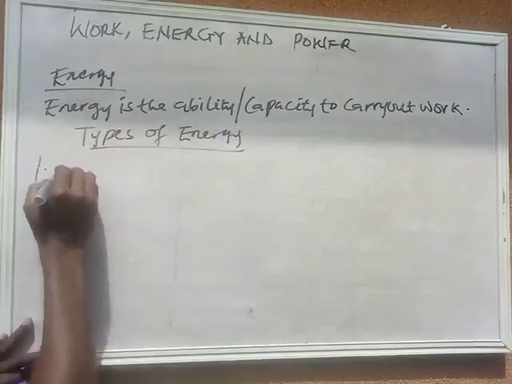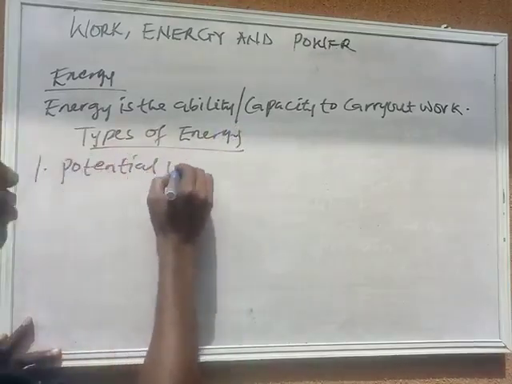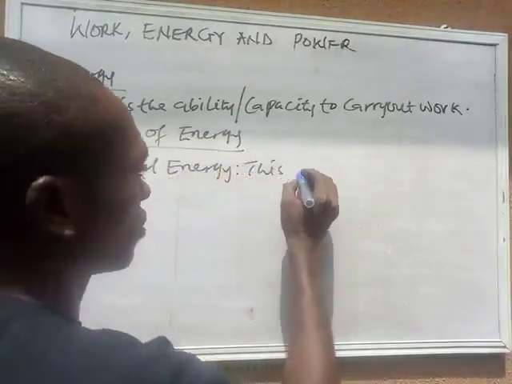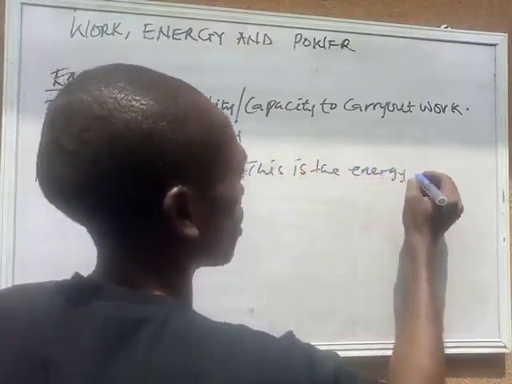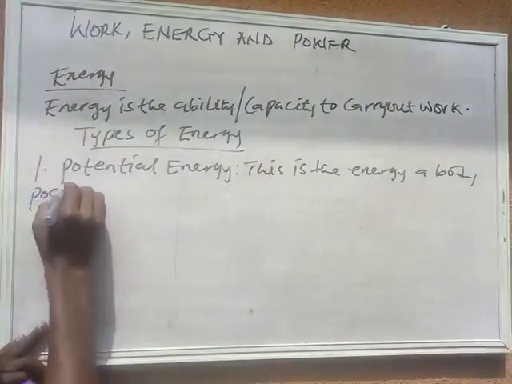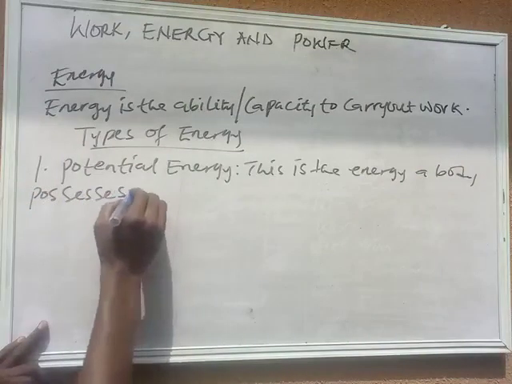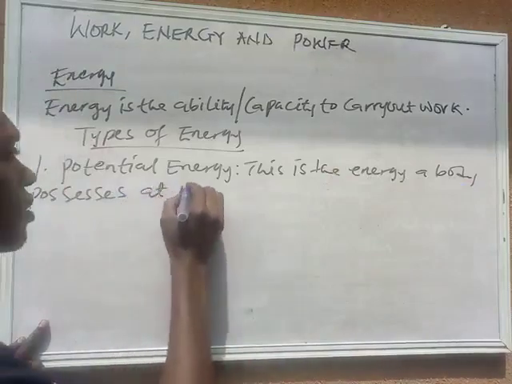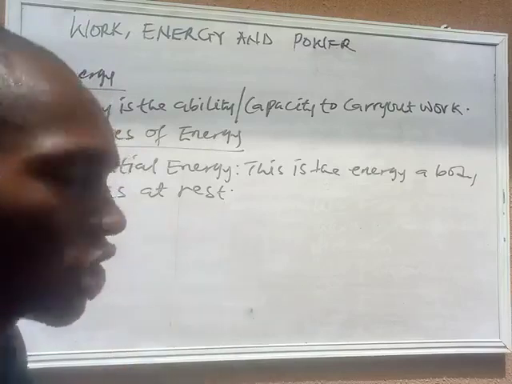The first one is potential energy. This is the energy a body possesses at rest. So when the object is at rest, it has potential energy.